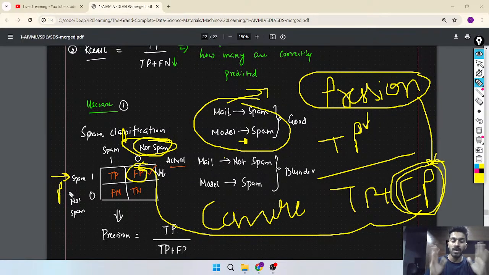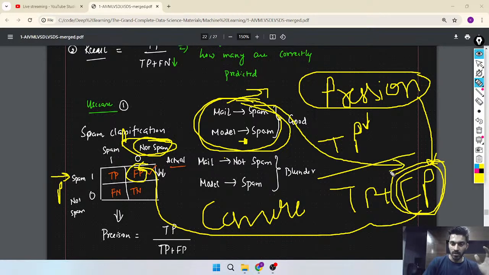This is the biggest problem with your model's prediction. So in spam-ham classification, the false positive is important, and you have to calculate the precision. That's it.